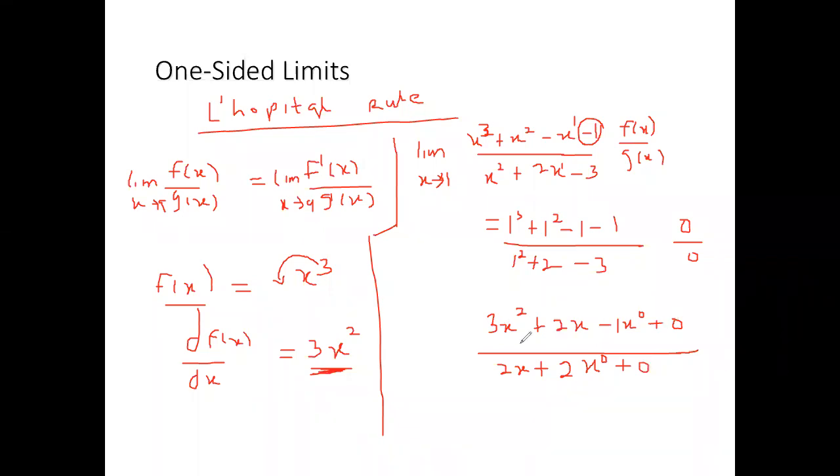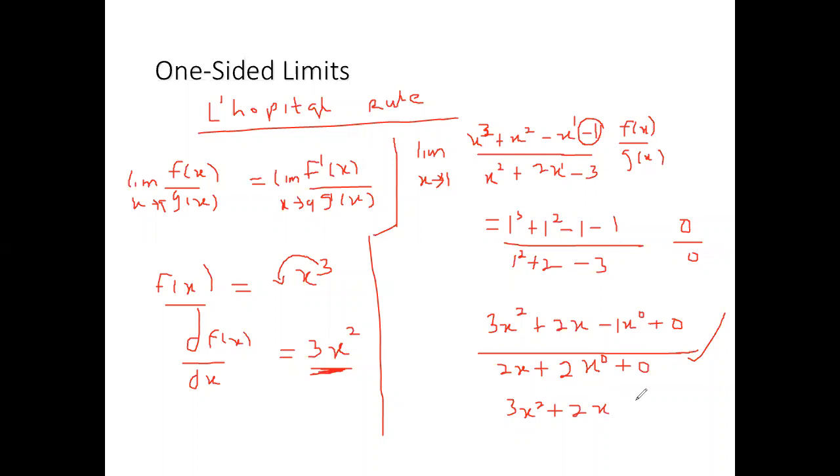So if that is the case, now that we are here, we want to investigate whether, if we put 1 into the function, let's re-express this in the simplest form. That will be 3x squared plus 2x. Any number raised to the power 0 is 1.